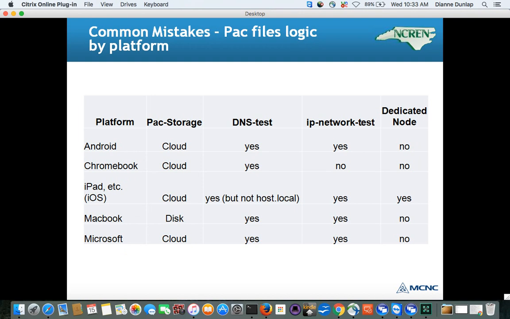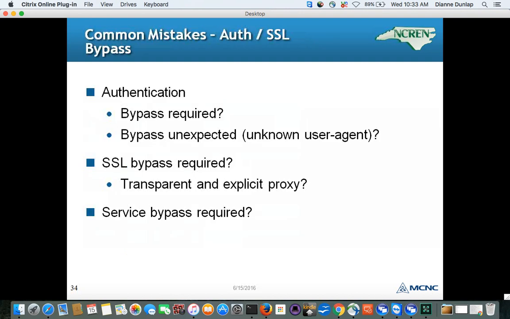Okay. So here are some other common mistakes that we see around authentication in SSL. First off, why is an application not working when authentication is enabled? Generally, these applications are not transactions that are being committed by a user through a web browser. It's some sort of application that is actually running on the host.